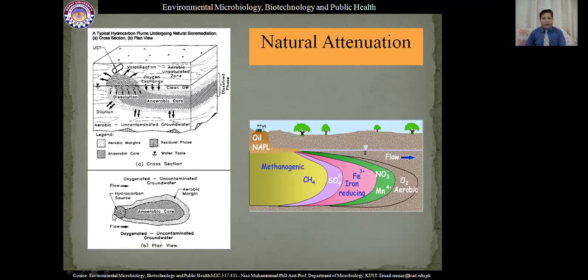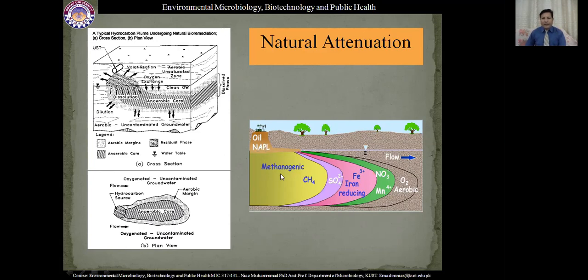And here, if you see, this is the spilled pollutant, and aerobic microorganisms will react from its border sides and try to decompose it, and from the inner side oxygenated and uncontaminated groundwater also will react, and gradually this will be reduced. Similarly, here we can see an oil spill.